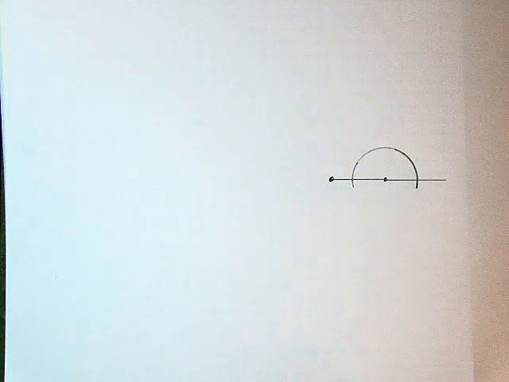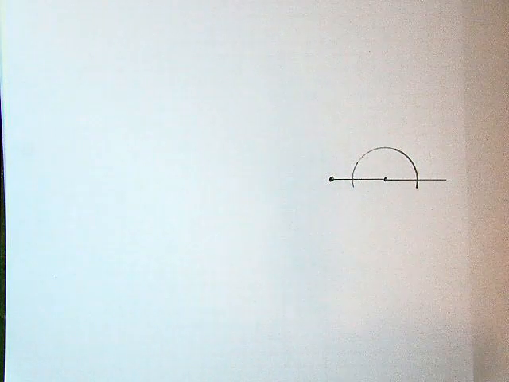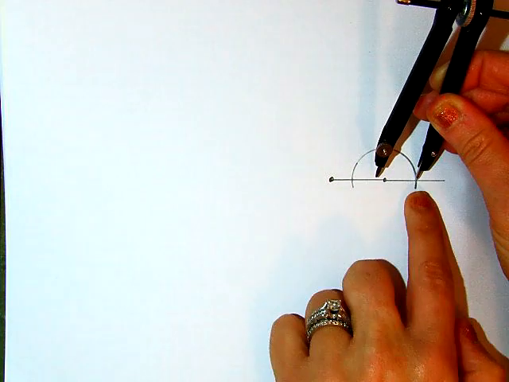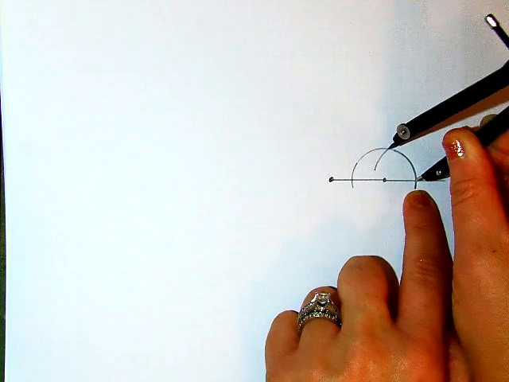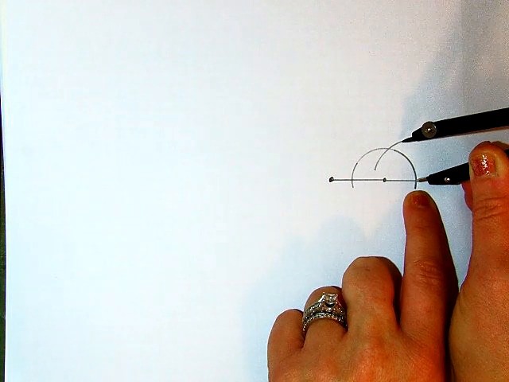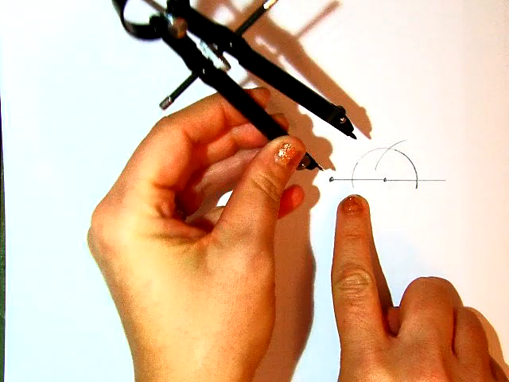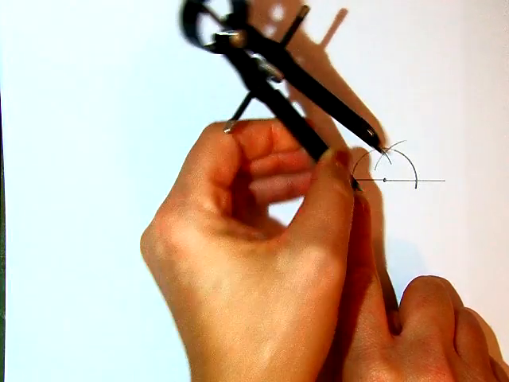I can't keep the current setting, it has to be just a little bit wider. So this setting feels good. I'm going to put my needle here. I'm going to make an arc in this interior space like so. I'm going to put my needle over here and replicate that process right here, just like so.